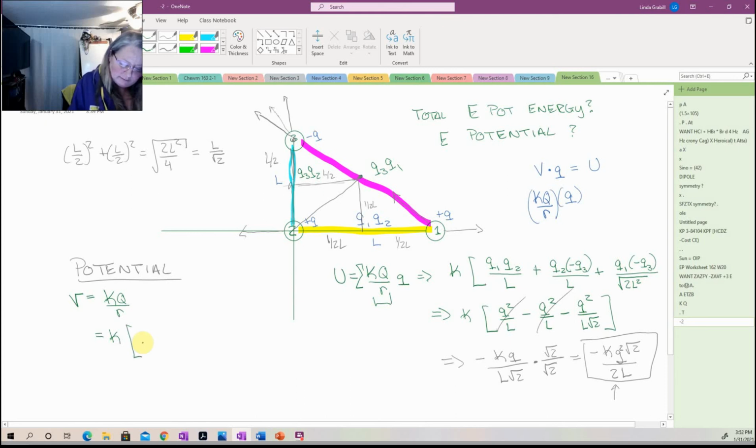So when I do that, for charge 1, it's a positive Q1 divided by L over the square root of 2. And then plus the other positive Q2, same distance L over the square root of 2. And then minus that third, Q3 over L over the square root of 2.